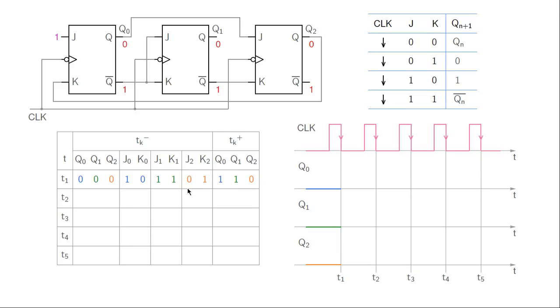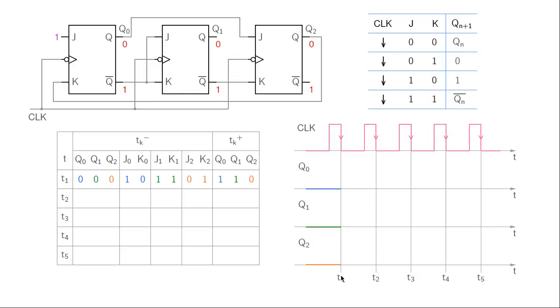What about Q2? J2 is 0, K2 is 1. That brings us here. So the next Q2 is going to be 0, like that. So what we have now is Q0, Q1 and Q2 at T1 plus. That means just after T1.